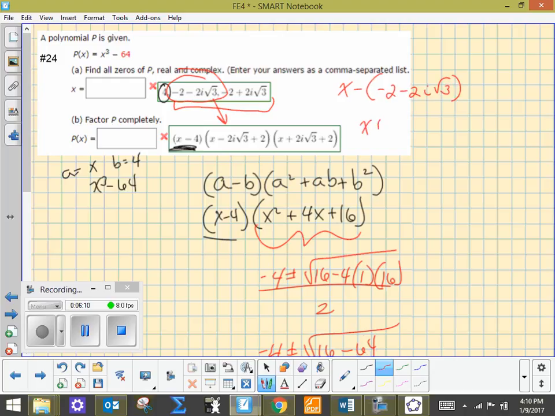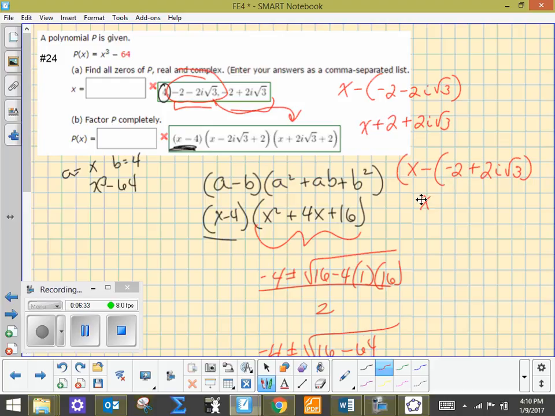So it's x plus 2 plus 2i radical 3. So that one is actually that one. And then we've got x minus negative 2 plus 2i radical 3.